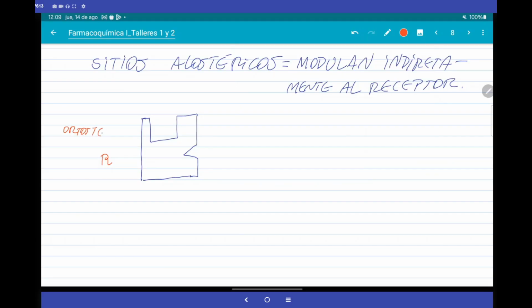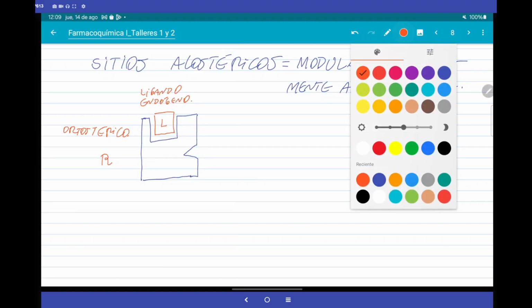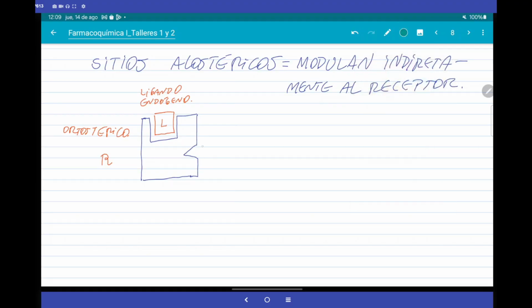The endogenous ligand is the molecule that has affinity for this site, so here is the L, where L is the endogenous ligand. We want the endogenous ligand to be joined, but what we are going to do here is design a different molecule. We are going to design an allosteric molecule that does not compete with the ligand.